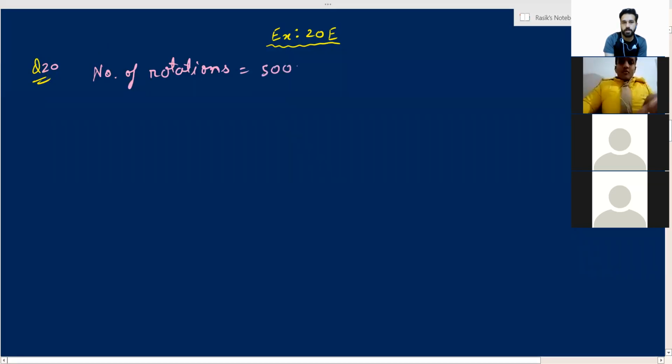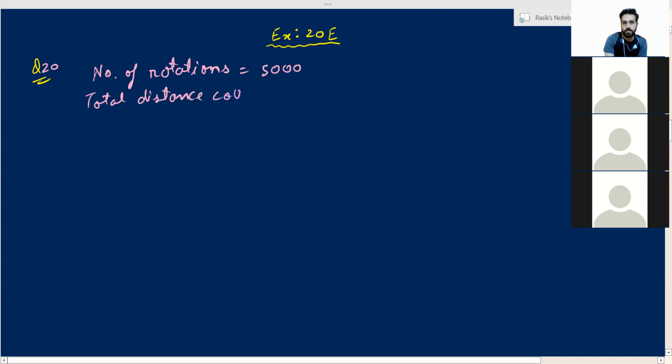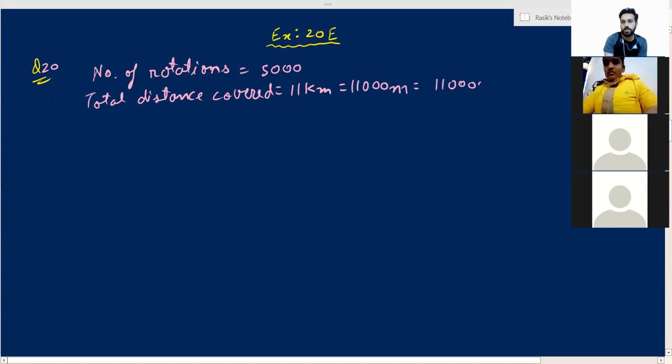Number of rotations is 5,000. The total distance covered is also given: 11 kilometers, which equals 11,000 meters, which is also equal to 1,100,000 centimeters. We have converted it into centimeters. Find the circumference and the diameter of the wheel.